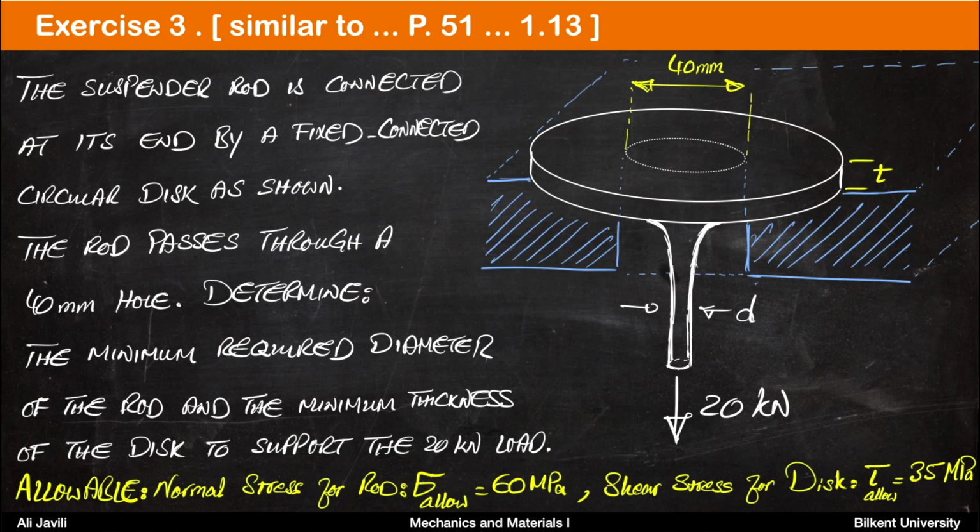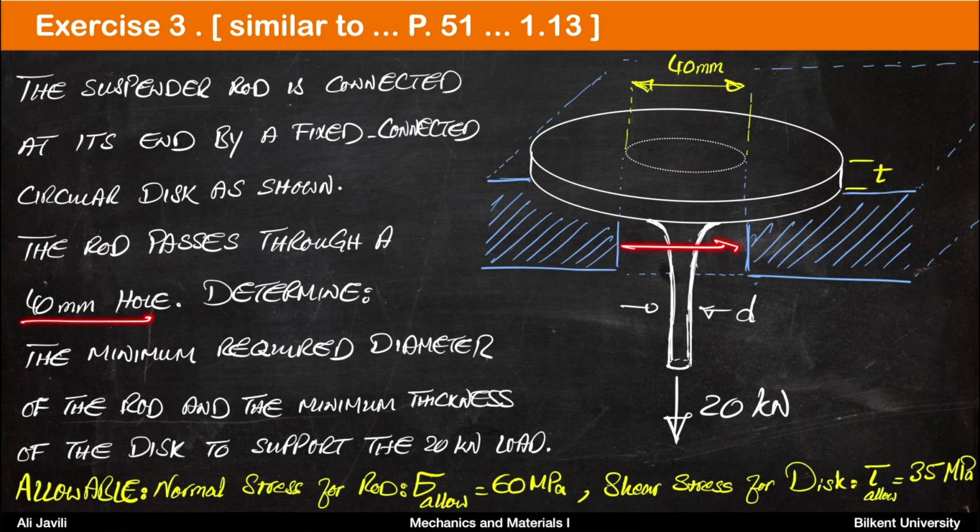The next exercise of this lecture is similar to problem 113 on page 51 of the book. A suspender rod, as shown here, is connected at its end by a fixed circular disc, as shown. So this is the disc on top, and the rod passes through a 40 millimeter hole.